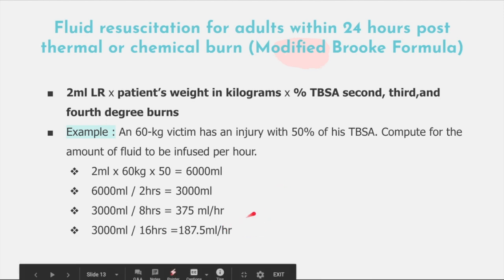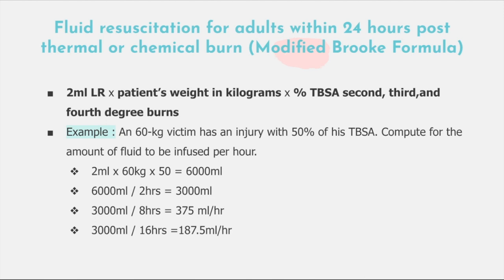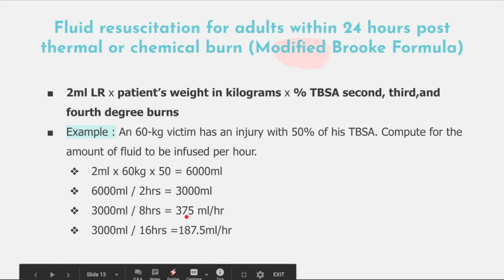If you are trying to determine the amount of fluid to be given per hour for the first 8 hours, you will then divide the 3,000 ml by 8 hours, which will total 375 ml per hour. This is the amount of fluid to be infused per hour within the first 8 hours.